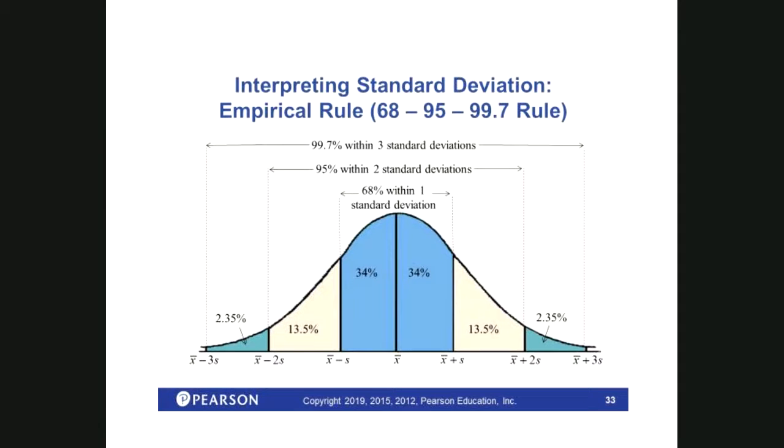With bell-shaped distributions, you see the mean is in the middle, and you can see that 68% of the data values will fall within one standard deviation, 95% of the data values will fall within two standard deviations, and 99.7% of the data values will fall within three standard deviations. So that's just a reminder about that.